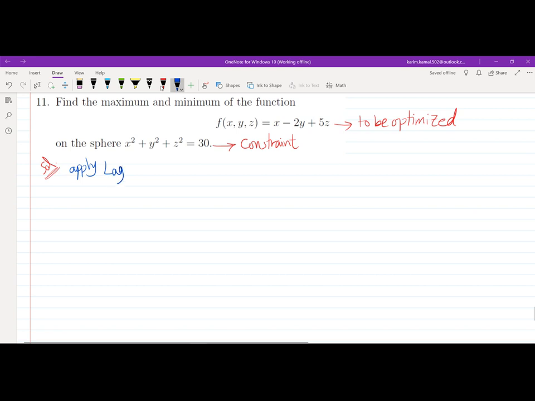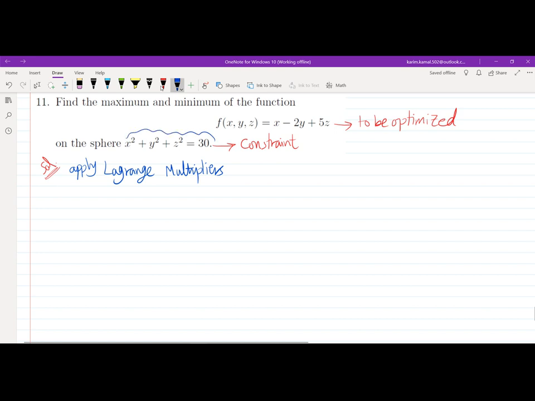In order to find the maximum value of f of x and y subject to the constraint function, how?